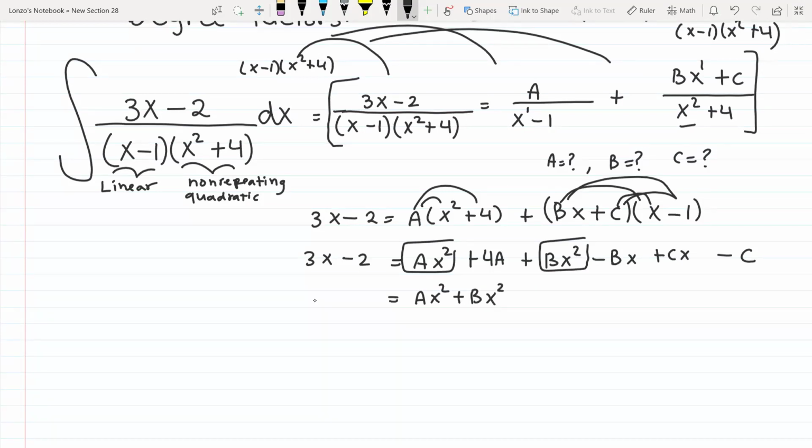And then let's combine the x's. I see a negative Bx here and a positive Cx there. Let's just put it all together. You can't combine them because this is a B and this is a C, but they both have an x.